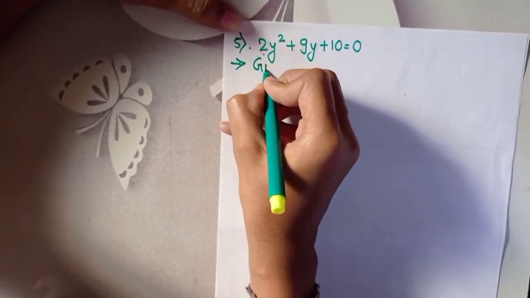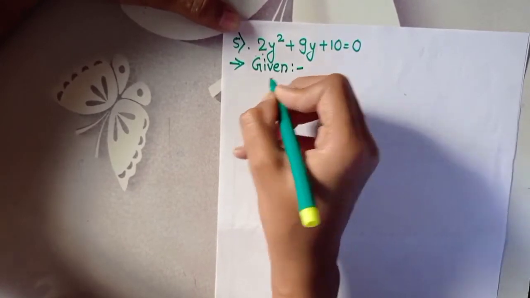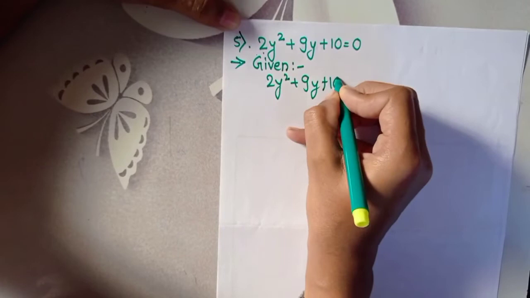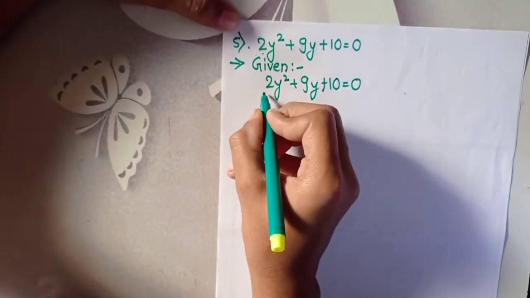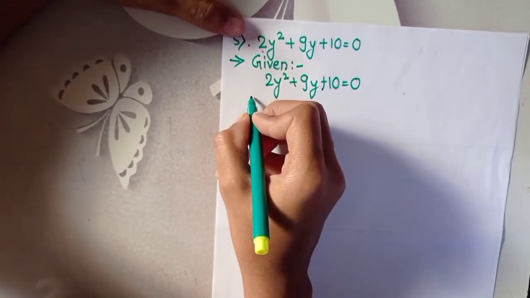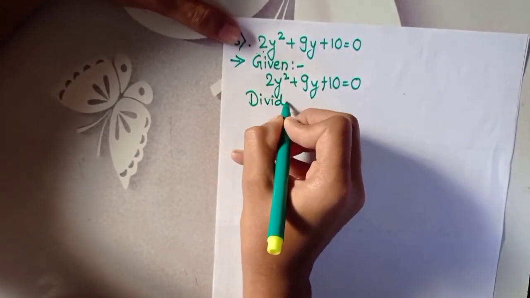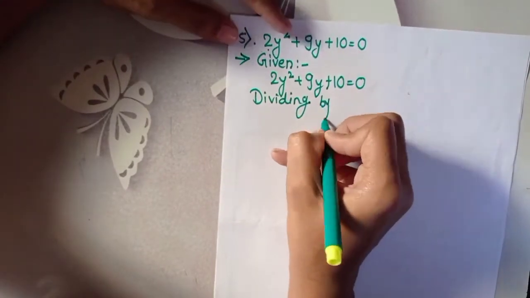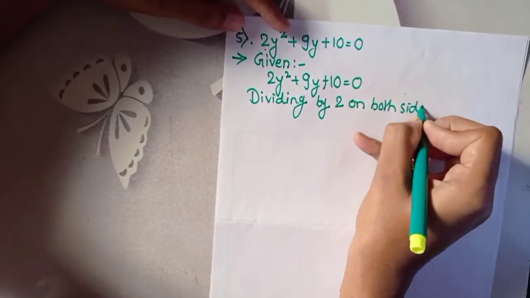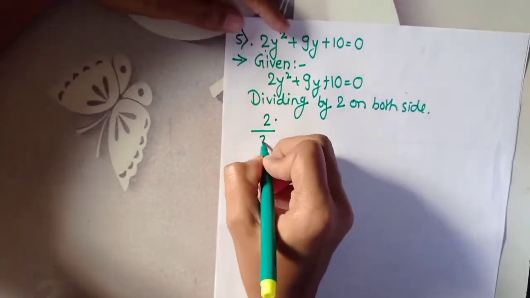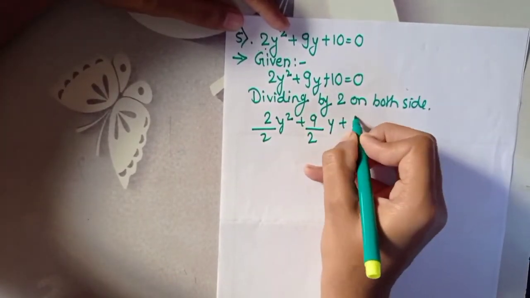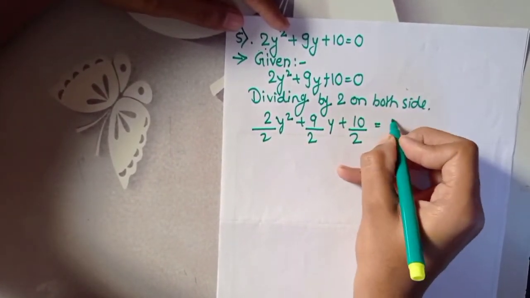First of all, as it is, we write the given 2y square plus 9y plus 10 is equal to 0. Dividing each term by 2 on both sides, we will get 2 by 2 y square plus 9 by 2 y plus 10 by 2, which is equal to 0.